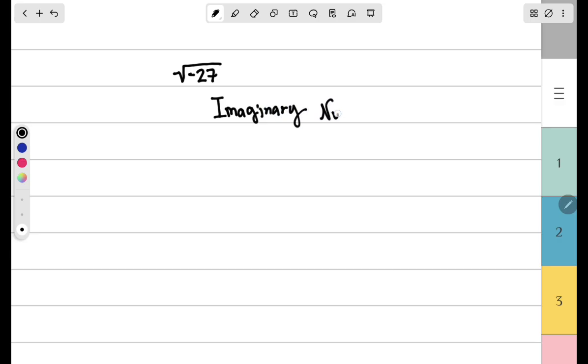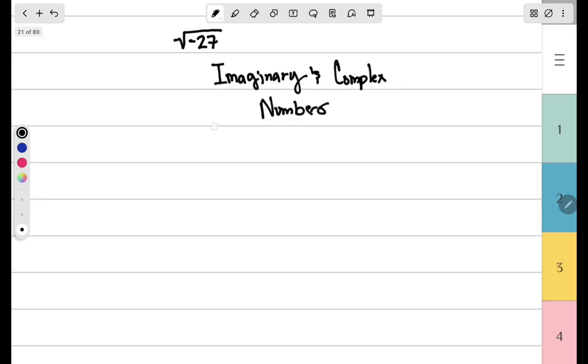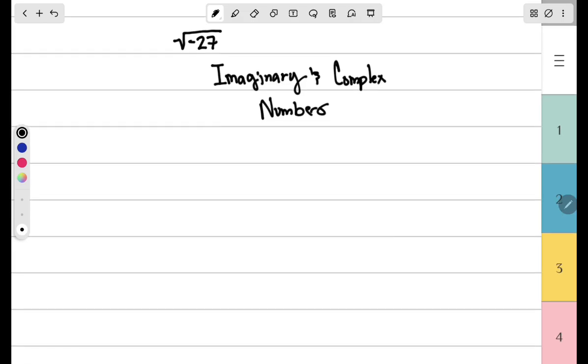Imaginary and complex numbers. All right. So when you're looking at imaginary numbers, let's talk about the imaginary unit.